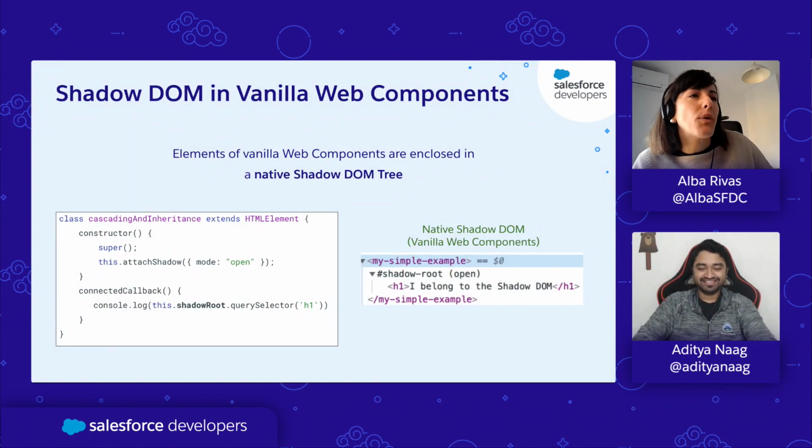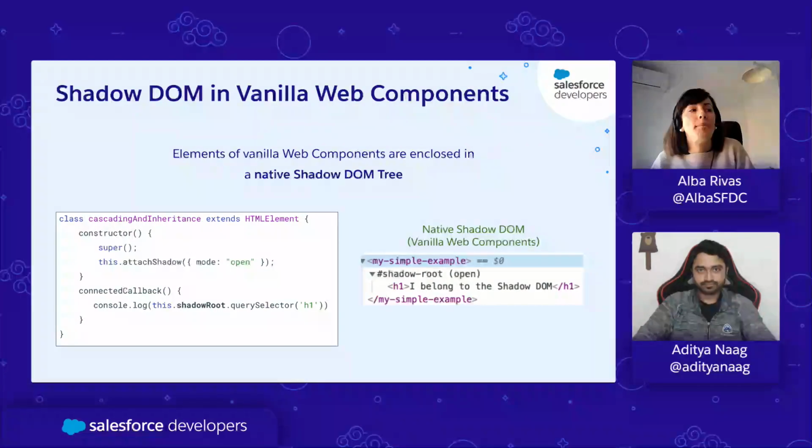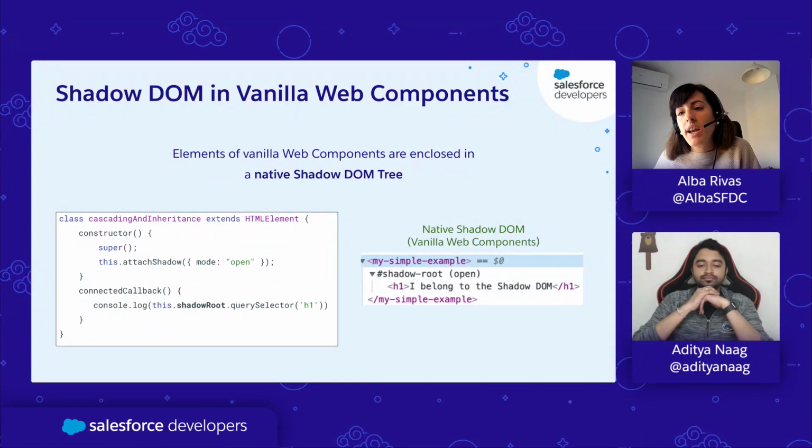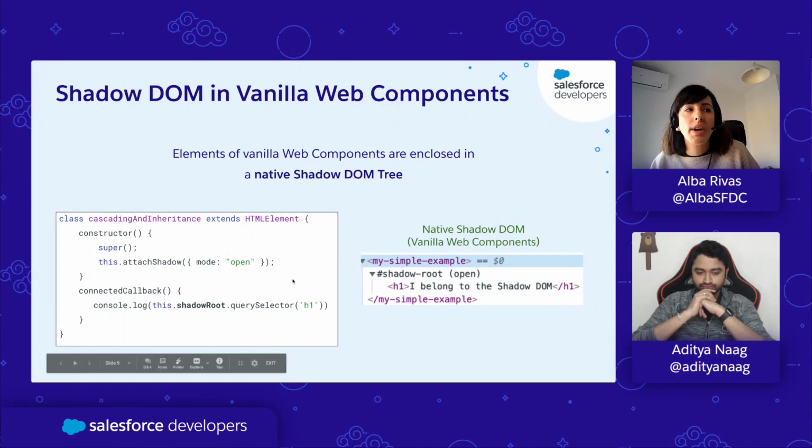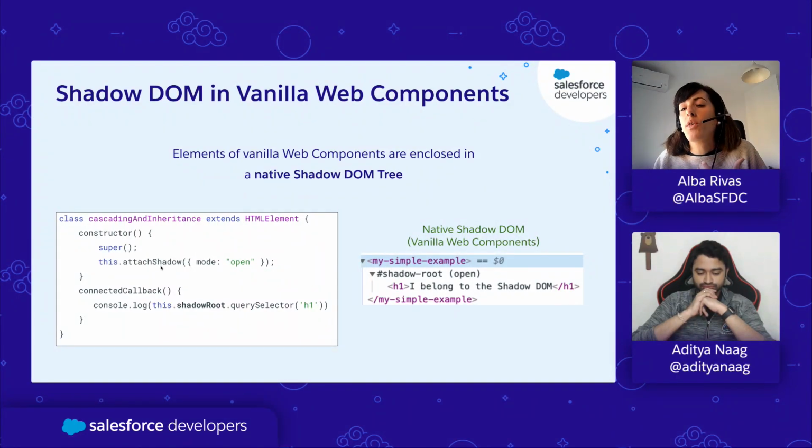Exactly. Great. So until now, I have talked about Shadow DOM in general, right? But I mentioned that Shadow DOM is a standard that is part of the Web Components specification, because the standard says that when you create a web component, you have to attach a Shadow DOM tree so that your web component is encapsulated, right?